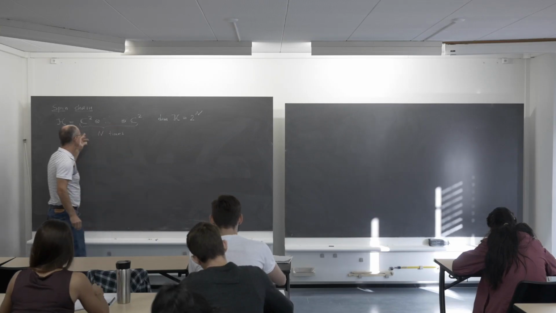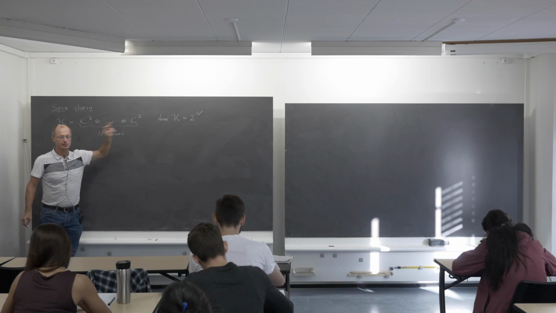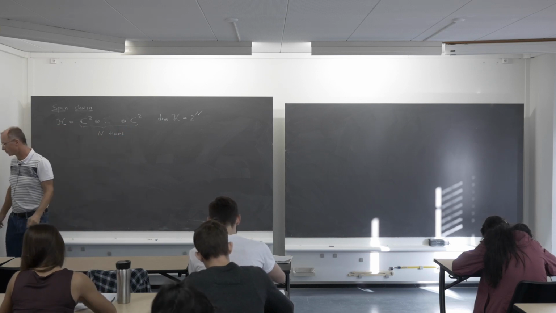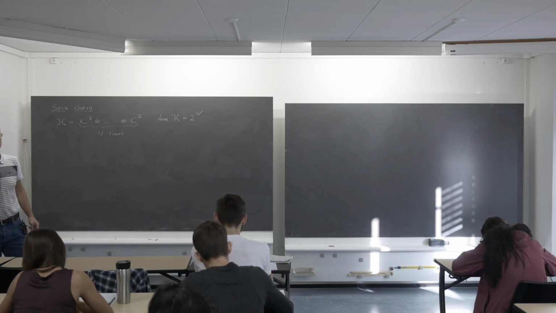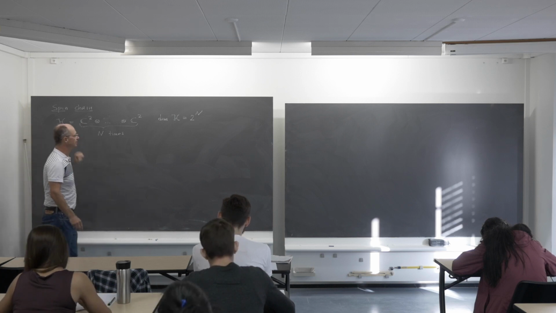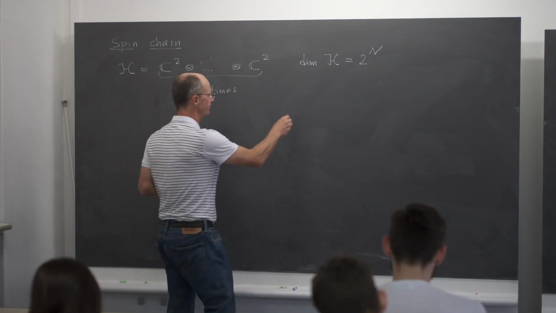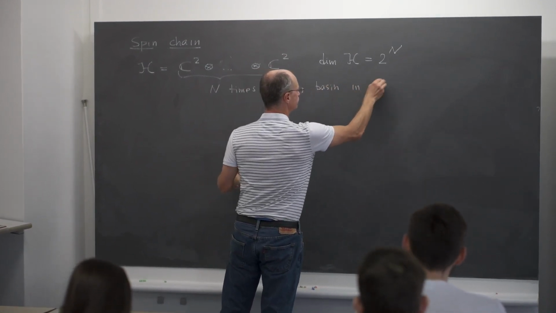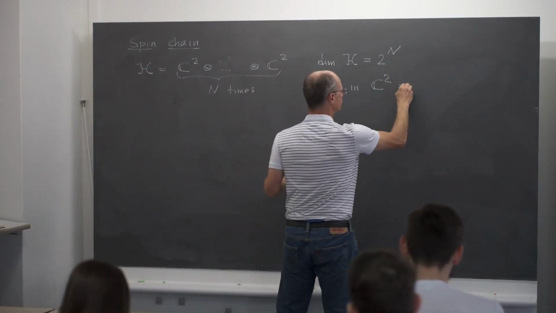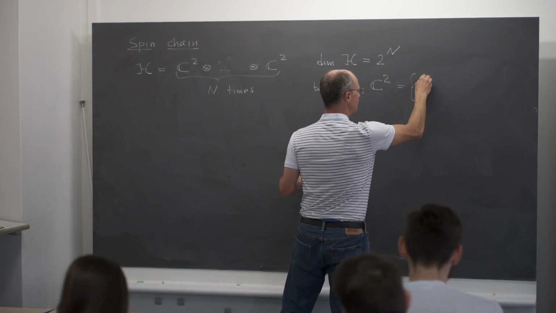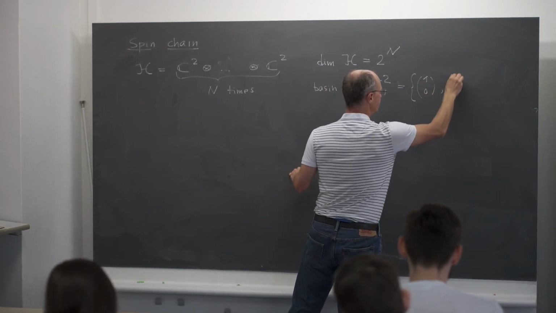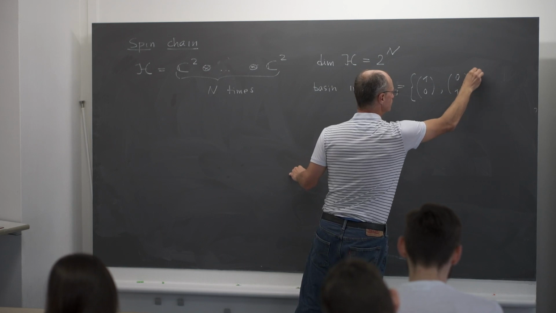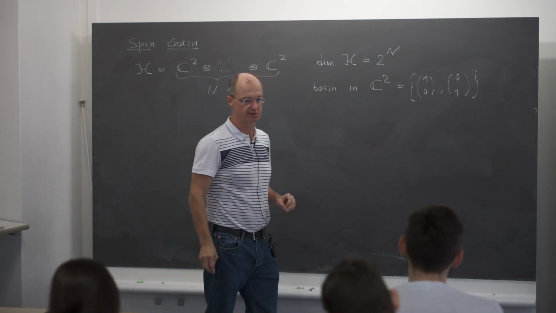Perhaps I'll recall a little bit how one works with those tensor products. You were already working with tensor products at the exercises, but let's recall how it works. First of all, let's fix the basis in C2. Let's choose just the standard basis.